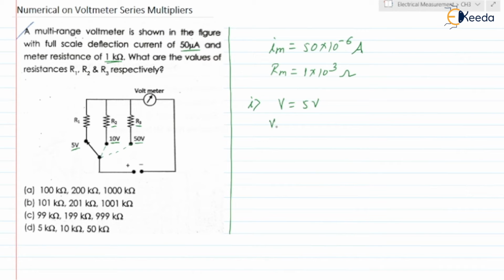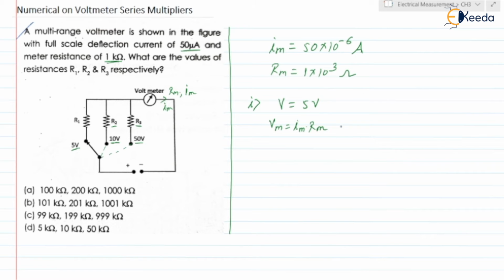What is Vm? Vm is equal to Im into Rm. Now Rm is the meter resistance. Here they have not shown it actually, they have shown only the voltmeter, but actually here we have the Rm and Im. That is, the basic meter current is Im and the resistance is Rm.